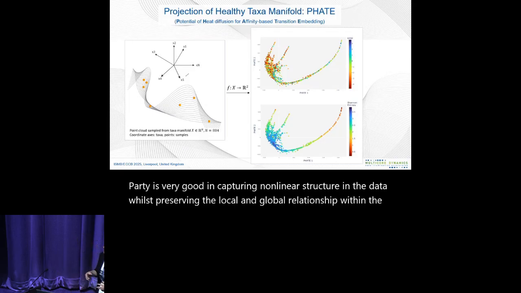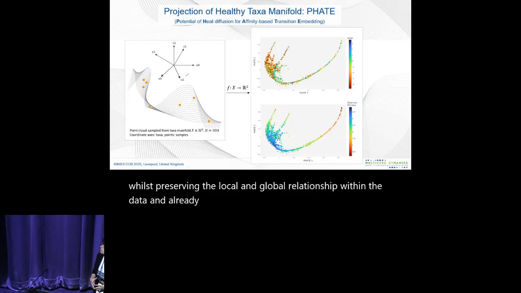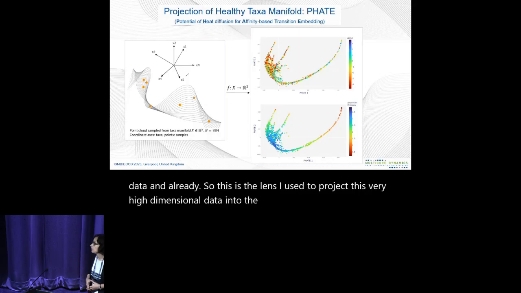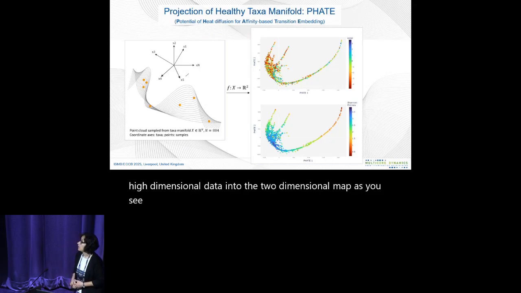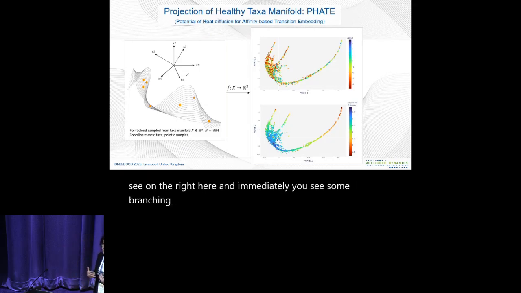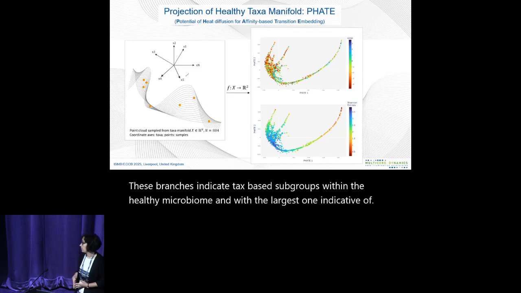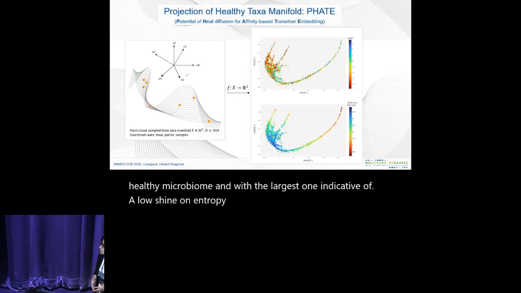This is the lens I used to project this very high-dimensional data into the two-dimensional map, as you see on the right here. And immediately you see some branching structure in the healthy microbiome. These branches indicate taxa-based subgroups within the healthy microbiome, with the largest one indicative of a low Shannon entropy and mid to high health index.